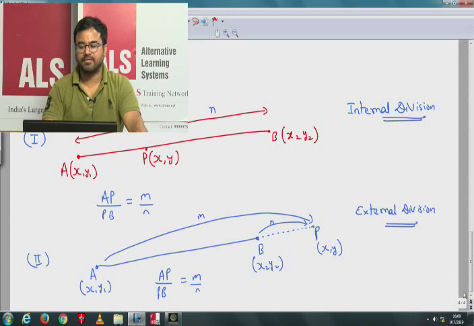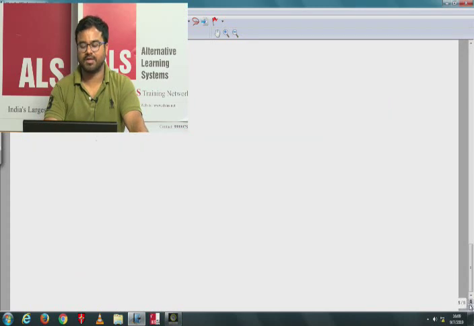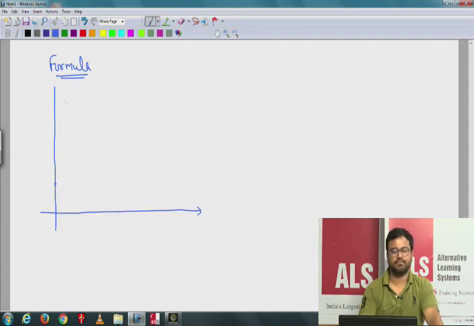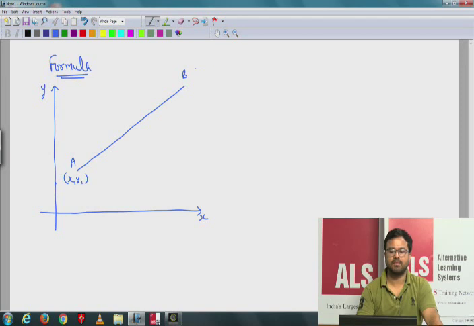So let us derive the formula for this one, how we can relate all of them. Let's say this is the xy axis and the points are like this. A over here, B over here. A has the point x1, y1, and B has the point x2, y2.